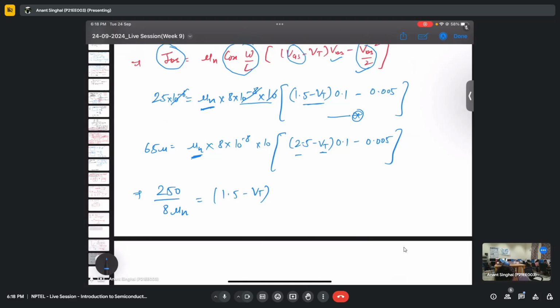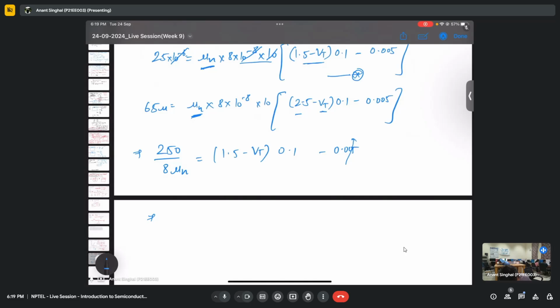And this is very less, so I can neglect this term. And if I do the 10 division, finally it will be 250 by 4 mu n equals 0.29 minus 0.2 Vt. So this is the first equation that I got.